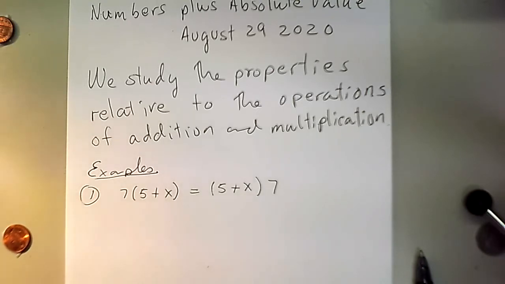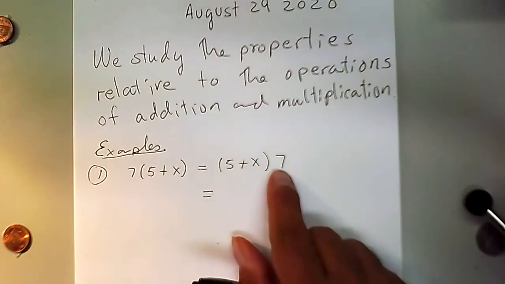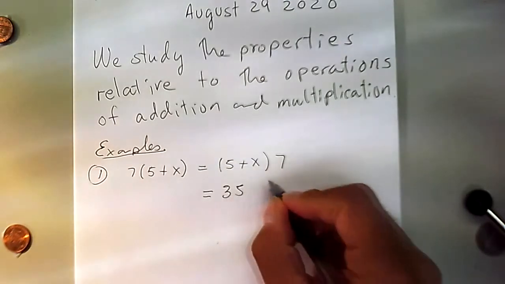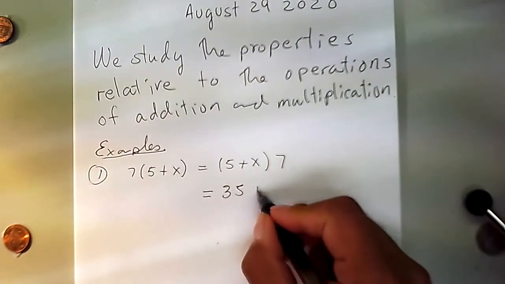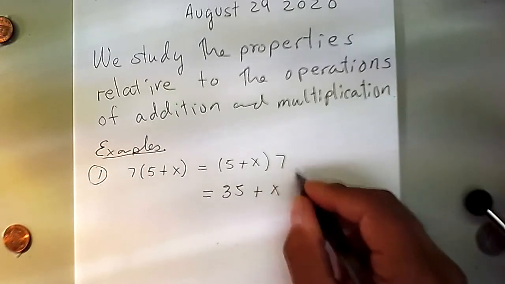When we talk in algebra about properties of real numbers, we mean the operational properties when we use multiplication and addition. For instance, we also have the distributive property that allows us to put this down as 5 times 7. Well, that is 35. And then technically speaking, we have to do x times 7 if we change that around.